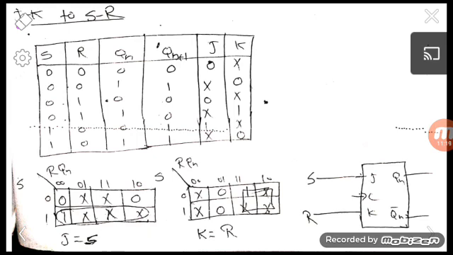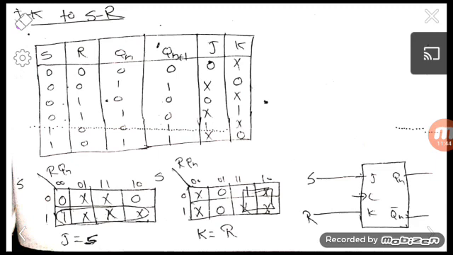Only the values up to 1 0 1 are there in our table. After this 1 0 1 we know that two more combinations are there, 1 1 0 and 1 1 1. It is not there in SR flip-flop, but still we are considering it as a don't care condition. So for 1 1 0 we are writing x, and for 1 1 1 also we are writing x.